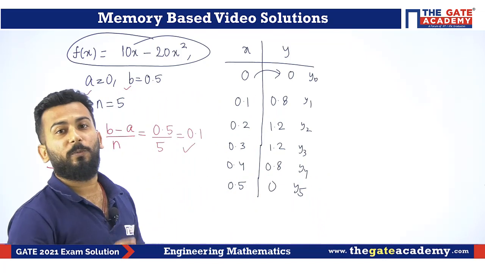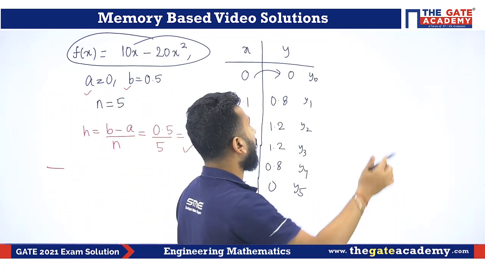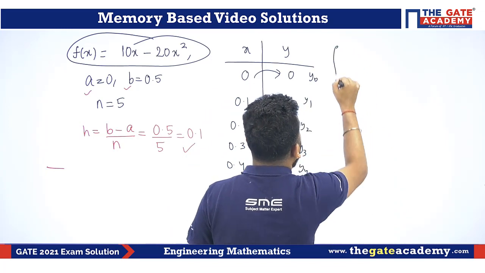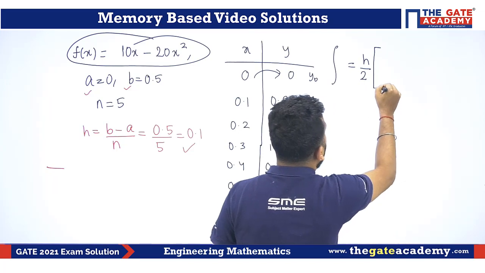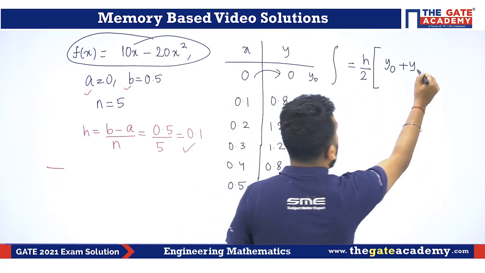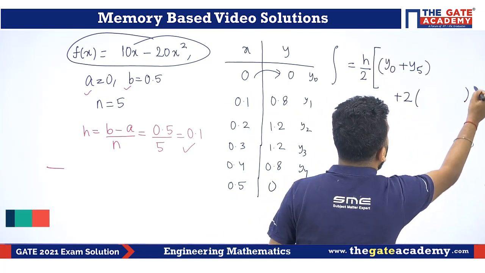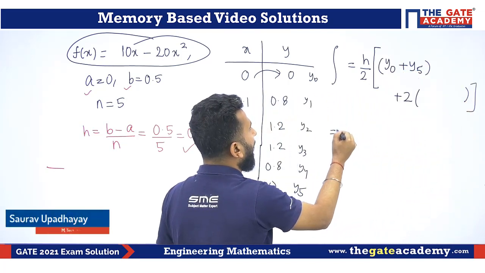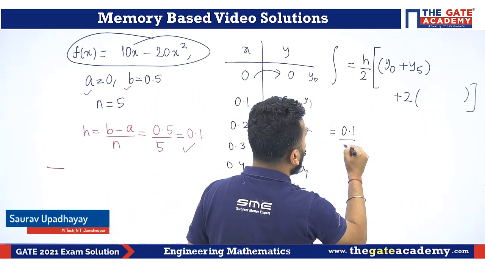Trapezoidal method. I hope that you didn't forget the formula or make any mistake in the examination hall. The formula is h by 2 times y0 plus the last value y5, plus 2 times all the remaining y values. This is the formula, right? In place of h you will be putting 0.1 by 2.